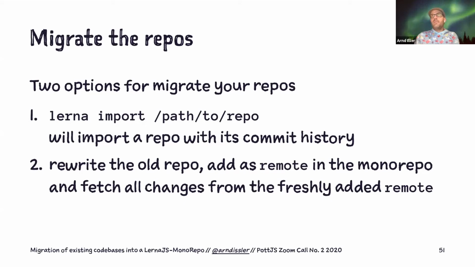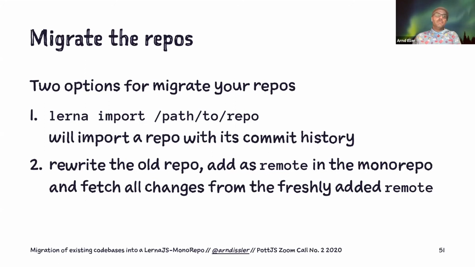But I cannot recommend this because if you have a look at the Lerna source code, it's reading all the commits into a huge array and iterating over each commit. So this will take a lot of time, a lot of RAM, and maybe will never end. Even with 16 gigabytes of RAM, it's taking literally forever.